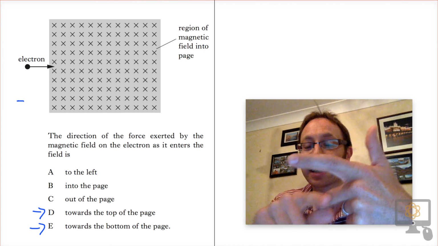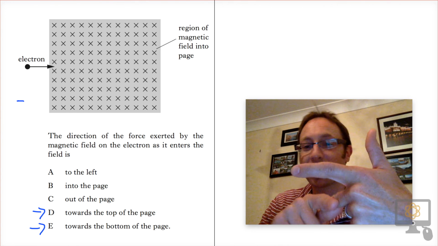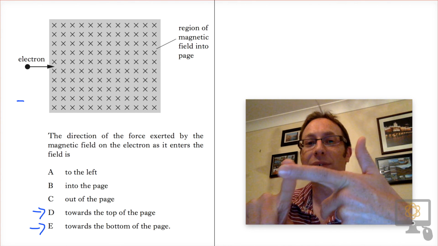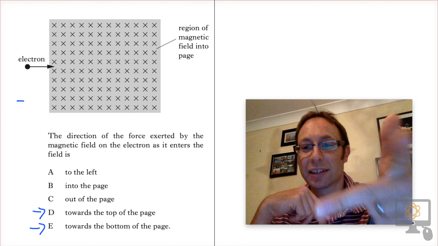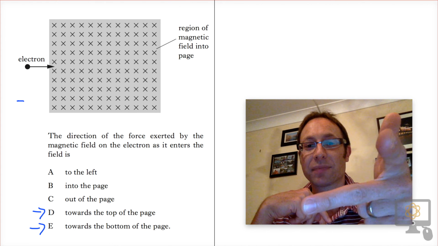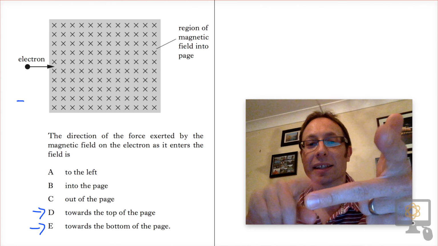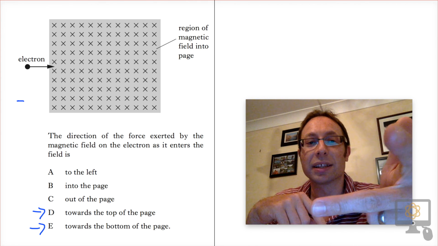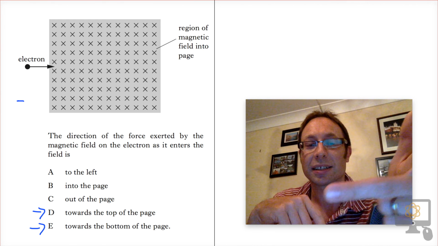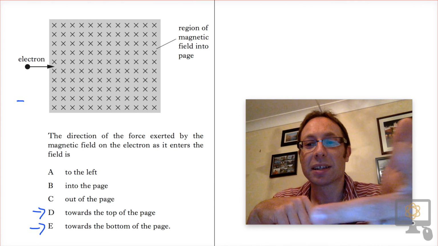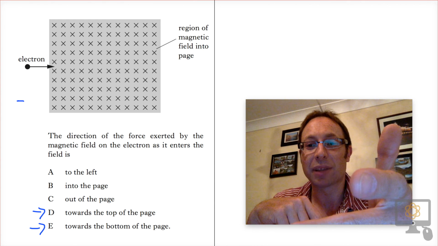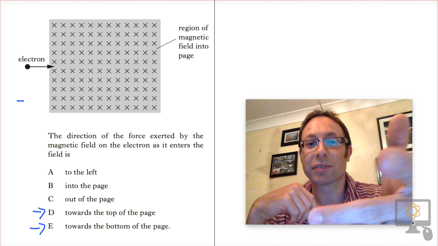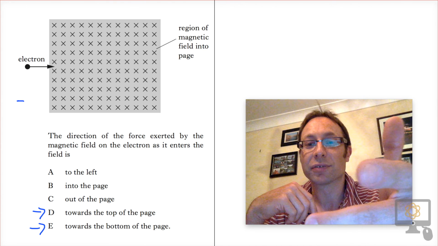Now, second finger current, in this case it's a charge, first finger field. So the field is pointing into the page, so I'm going to put my finger forward into the page. The second finger, the current, is traveling to the right in terms of the diagram, and then as you can see, my thumb, which is here, is pointing upwards, and that would be the direction of the force on a positive charge.